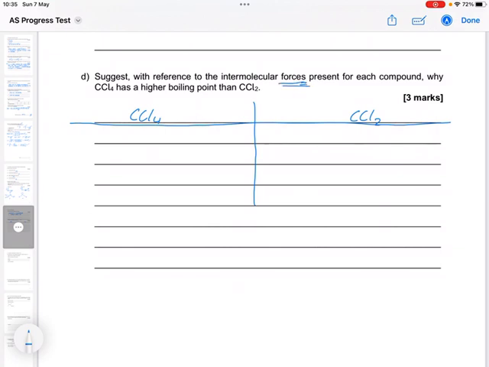So CCl4 has van der Waals forces of attraction between molecules, and that's the only one we're going to have with that one because it is symmetrical. So even though there are polar bonds, the dipoles cancel out, which means it is non-polar.